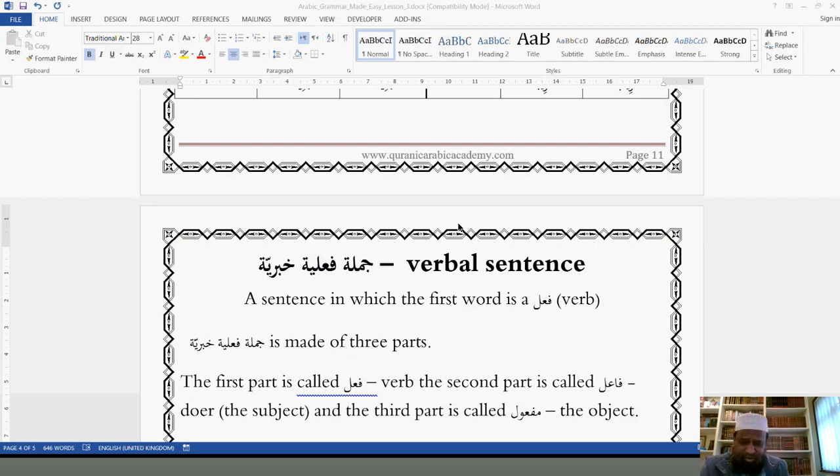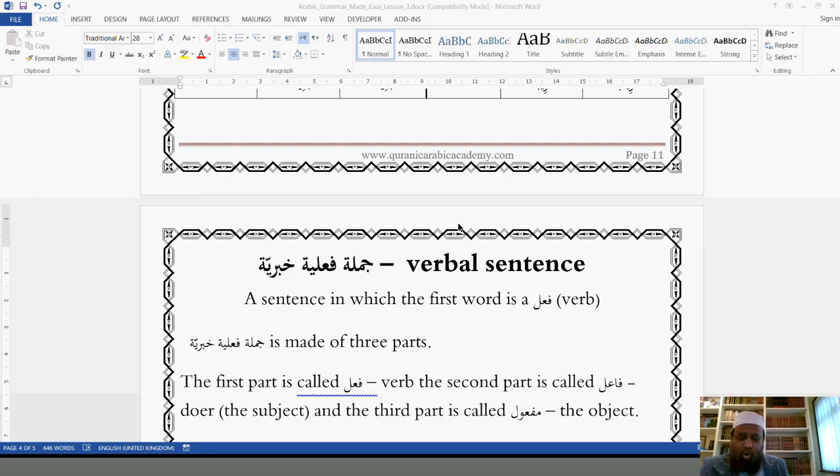The fi'l comes first, the doer comes straight after the fi'l. The third part is called maf'ul, the object of the sentence. So fi'l, fa'il, maf'ul. That's all 3 things you need to make Jumla Fi'liya. We learned these 3 things.